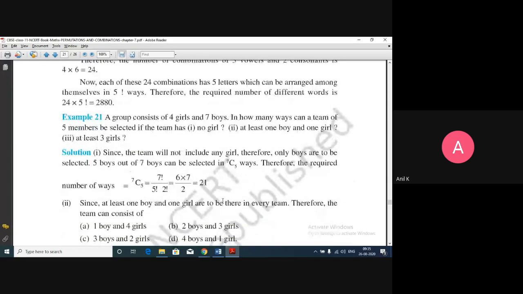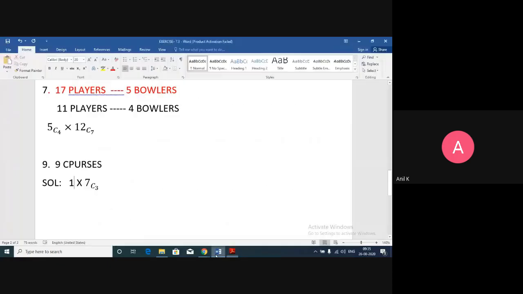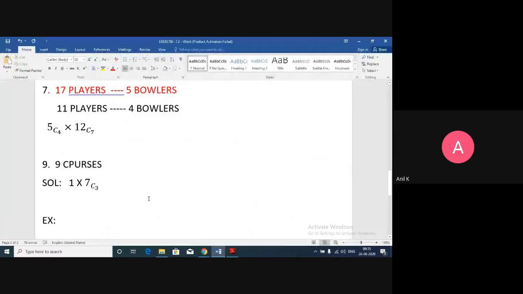So now we have some miscellaneous examples. Yeah, example 21, I'll explain. A group consists of 4 girls and 7 boys. Let me write here. The data given is 4 girls and 7 boys.